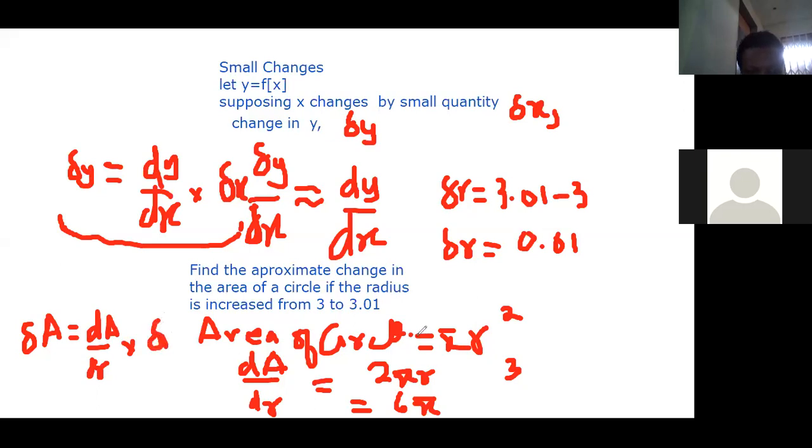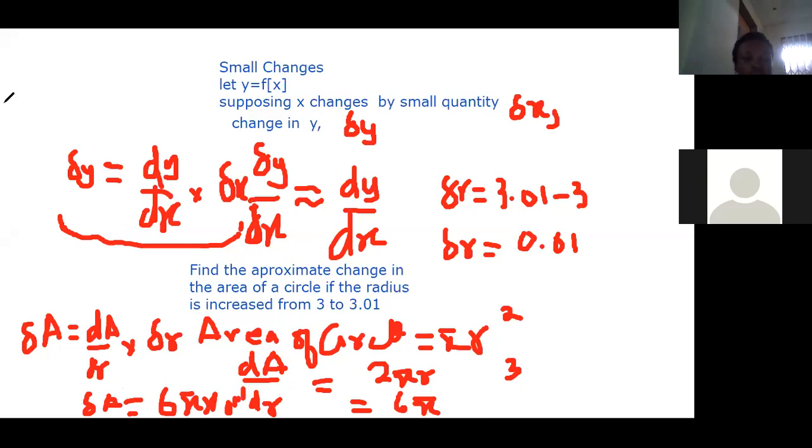So a smaller change in area will be equal to dA over dr, which is 6 pi, times our smaller change in r, which is 0.01. What are you getting?